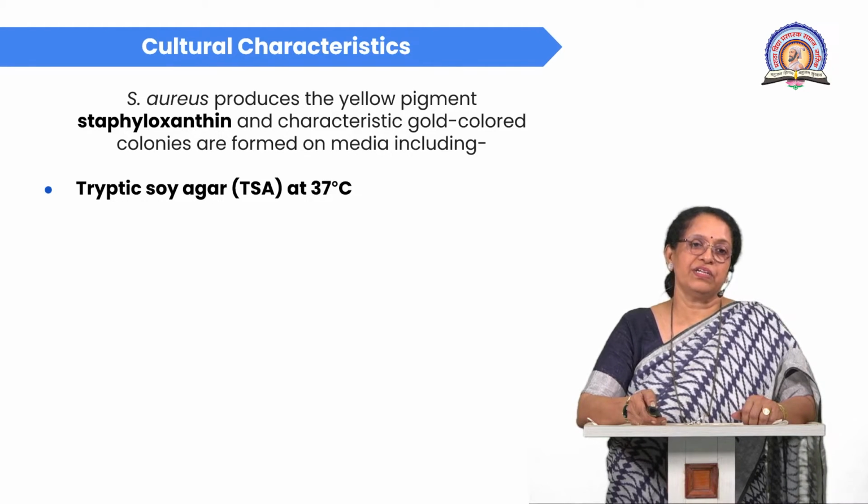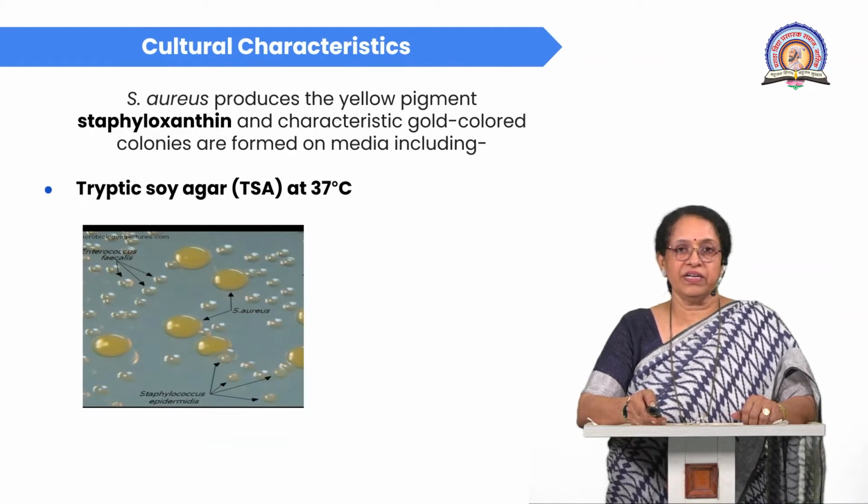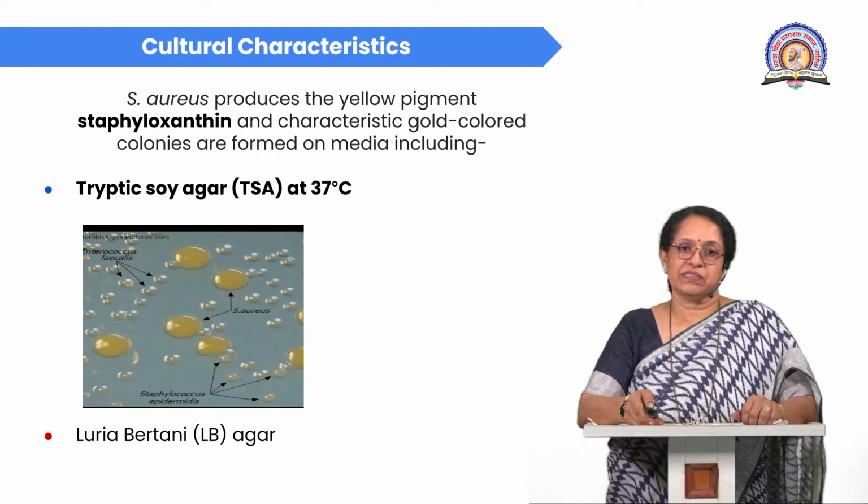Second is tryptic soya agar or TSA. At 37 degrees Celsius, as you can see in this figure, there is a large golden yellow colored colony of Staphylococcus aureus, while the pearl-like colonies that are not dark yellow are of Staphylococcus epidermidis.